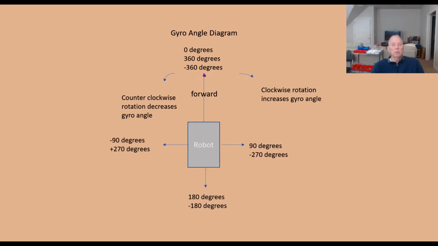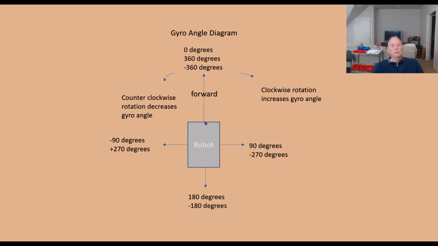And when I get back pointed straight ahead, it will say 360. The direction that means 0 is always the direction the robot was pointing when you started. Now, the exception is that you can reset the gyro to 0 yourself and establish a new, I'll call it baseline for what 0 is.